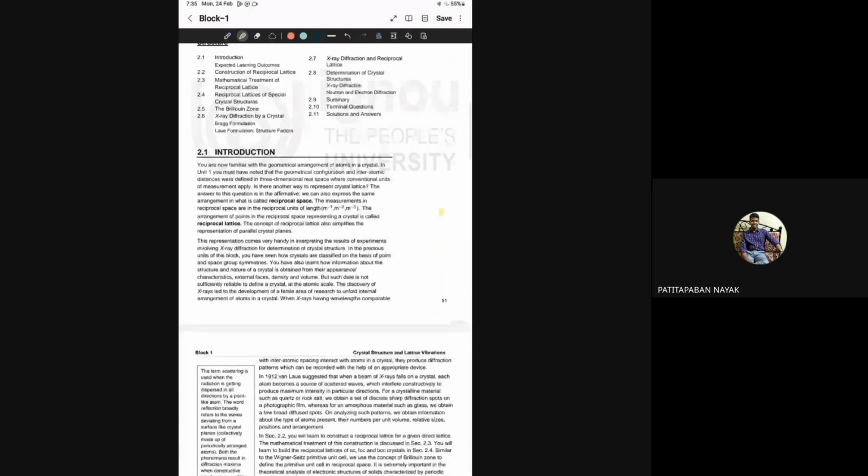Let us try to understand what is written over here. It is telling you that we are now familiar with the geometrical arrangement of atoms in Unit 1. You must have noticed that the geometrical configuration or interatomic distances are defined in three-dimensional real space. The important part here is real.